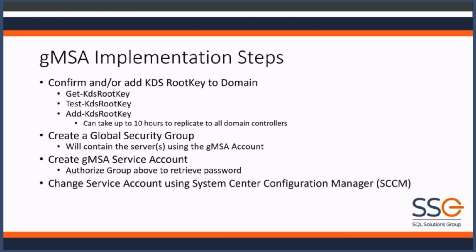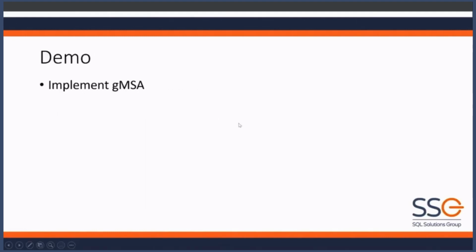When you create that MSA, you're going to authorize the group or the computer to retrieve the password. Finally, you're going to change the service account using SQL Server Configuration Manager. Somehow I put System Center Configuration Manager there, so that's definitely a typo that we'll fix before we distribute the slides. And you add a $ sign to the end of the account name. That's how SQL Server knows that this is an MSA, and you don't have to provide a password.